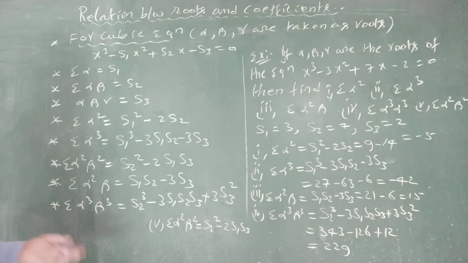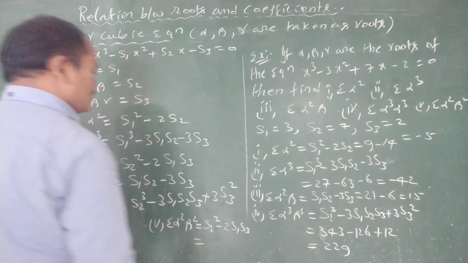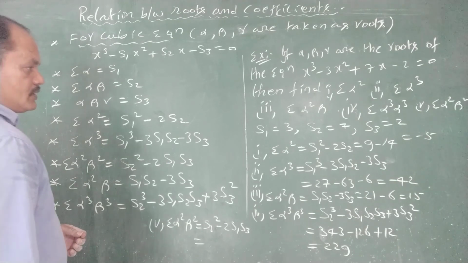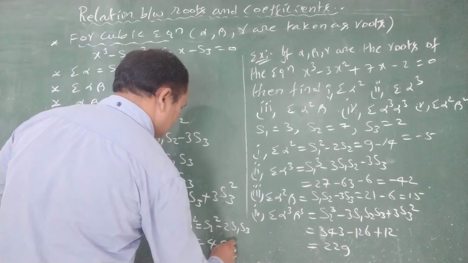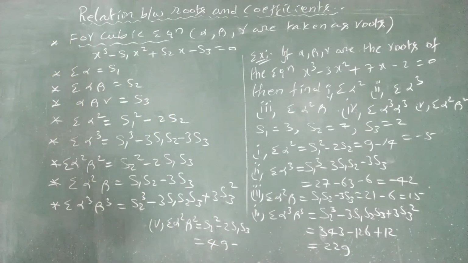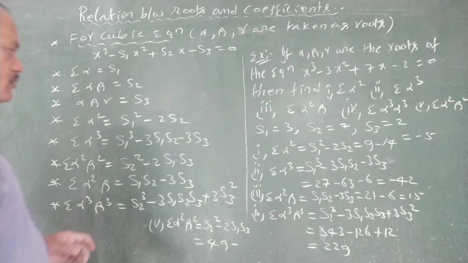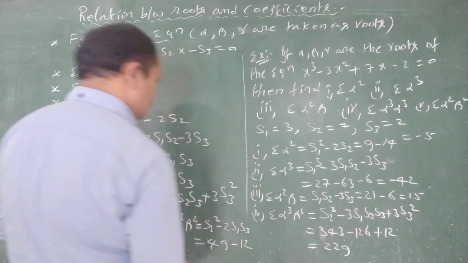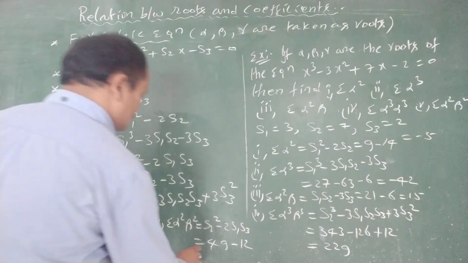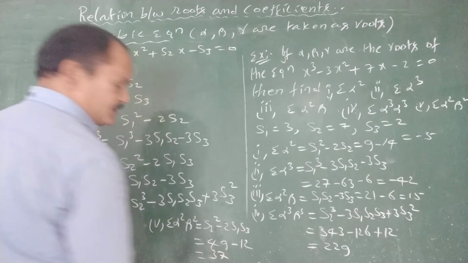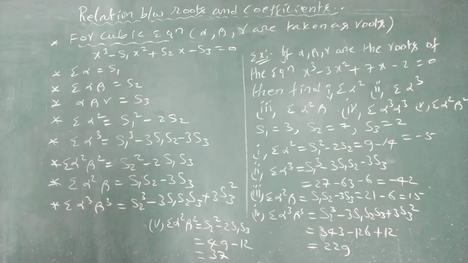S2 square is 49, minus 2S1 S3 which is 12. That's why it is 37. That's all.